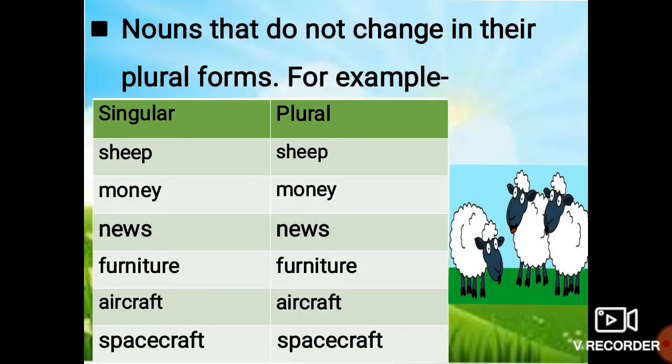Next, nouns that do not change in the plural forms. It means that the nouns which remain the same in both the singular form as well as in the plural form. For example, sheep remains sheep, money remains money, news remains news, furniture remains furniture, aircraft remains aircraft, spacecraft remains spacecraft.